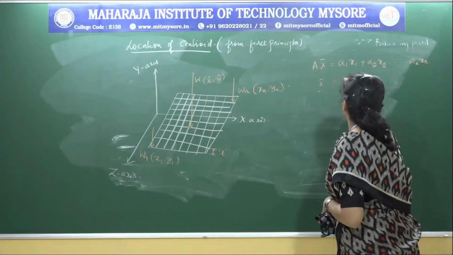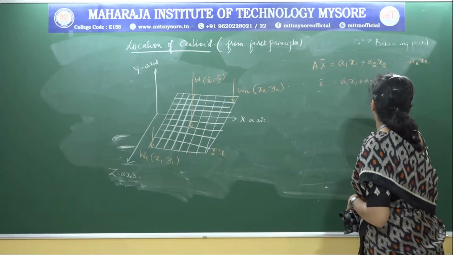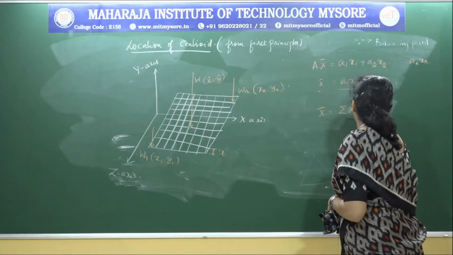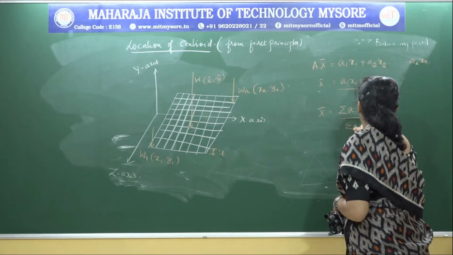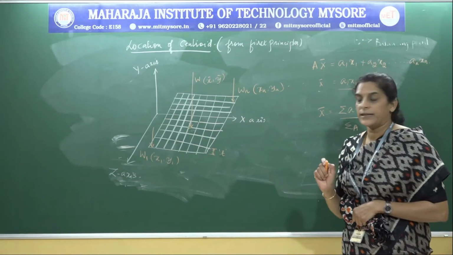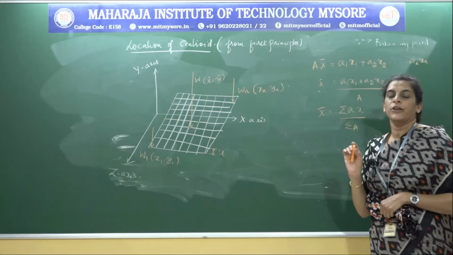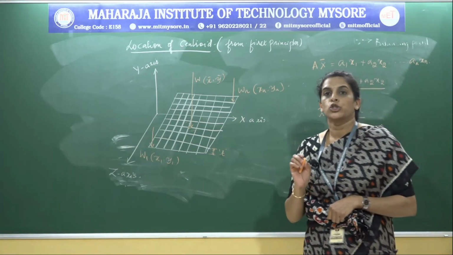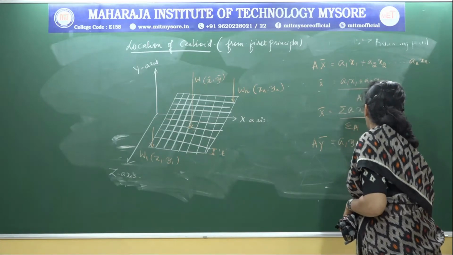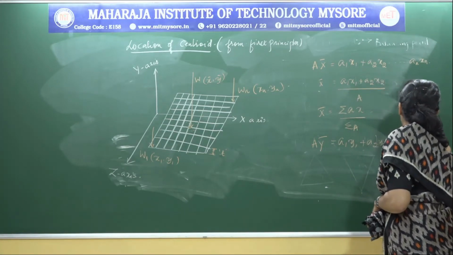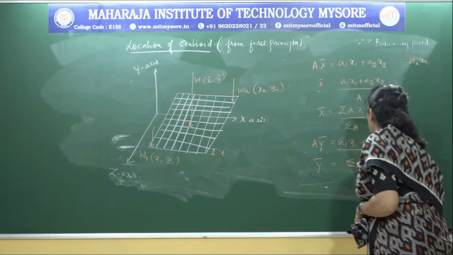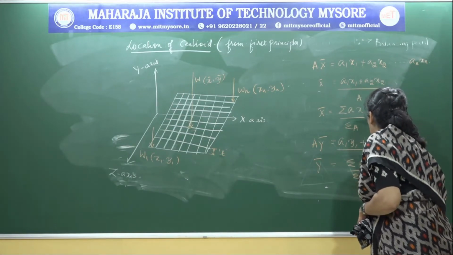So x bar is equal to summation of Ax by summation of A. Similarly, applying the principle of moments about the x-axis, A y bar is equal to A1 y1 plus A2 y2, or y bar is equal to summation of Ay by summation of A.